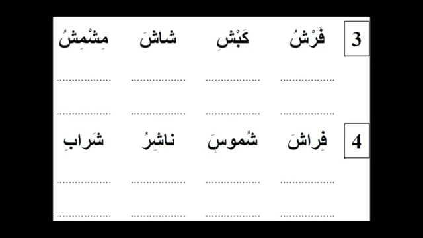I said sha. That's wrong. Shumusa. See, this is a sheen. This is a sin. You don't want to mistake them. Sha, sa. Shumusa. It's kind of a tongue twister.